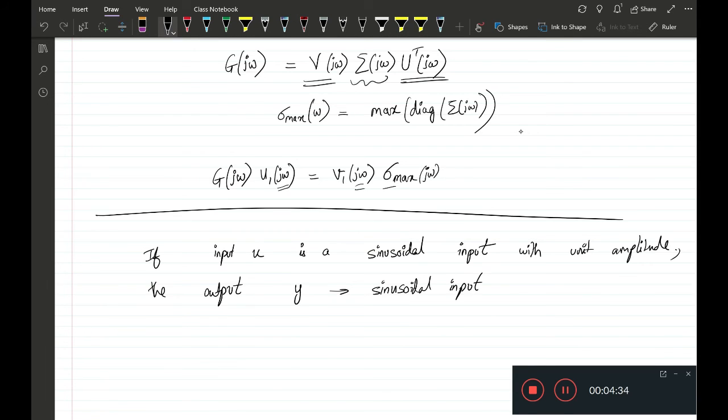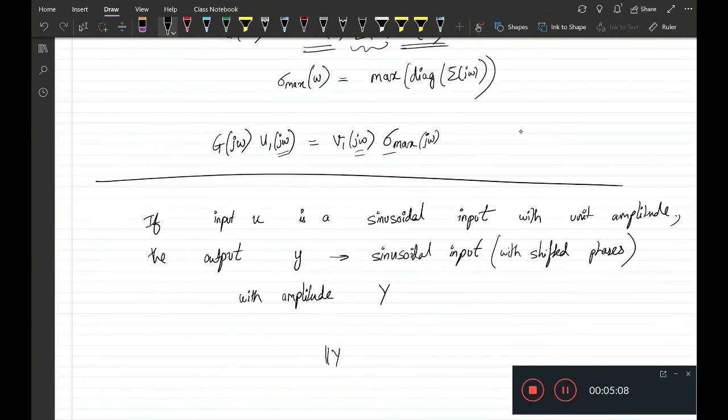That is clear because this is true for any linear system, with shifted phases along different channels, but with an amplitude whose norm, so let's call the amplitude vector capital Y for this output y, then we can show that this is between the maximum and the minimum singular value, and this is all for a particular frequency, and this holds for all omega.